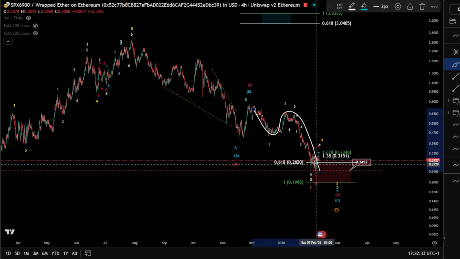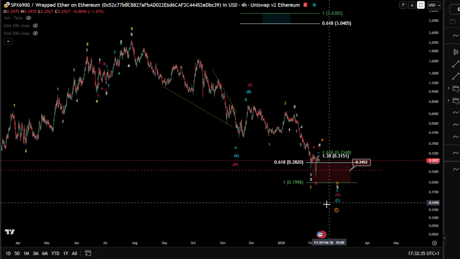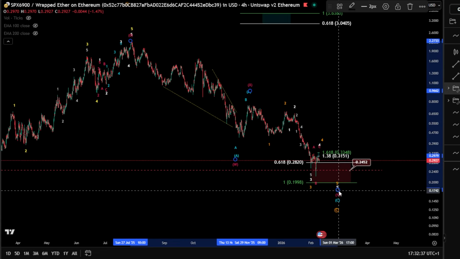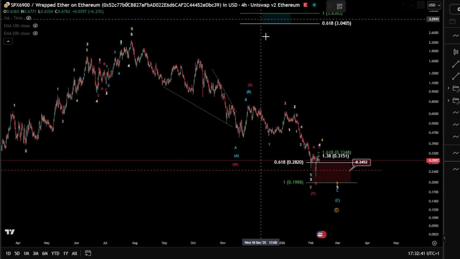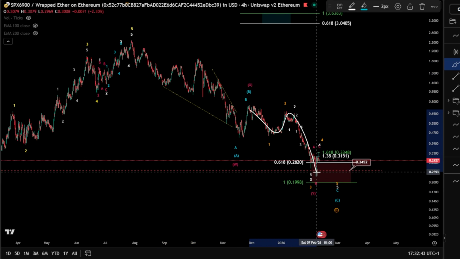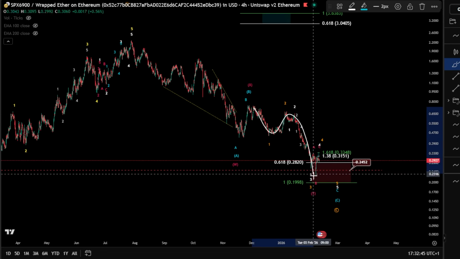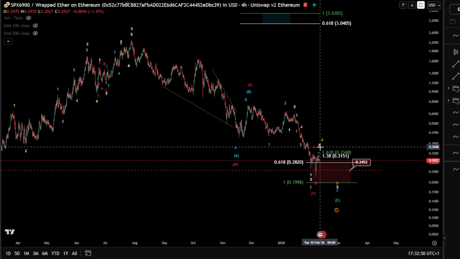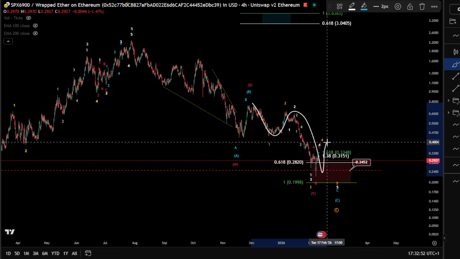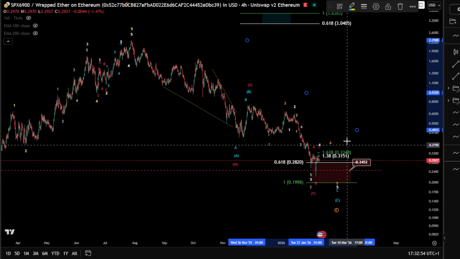I prefer to consider all of it as one structure right now, and that this is a different structure unfolding. Whether it is finished in a wave Y, because the wave Y has to be 3 waves, meaning you have finished an A, B, and a C, or you are still looking at 1, 2, 3 here, then a wave 4 in the orange, and wave 5 to finish the wave C again as an impulse, 1, 2, 3, 4, and a 5.